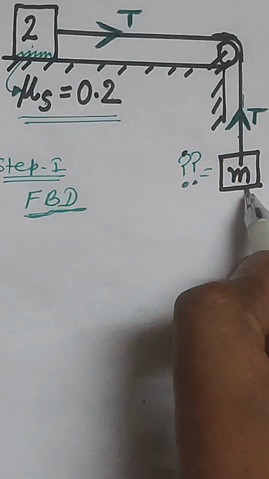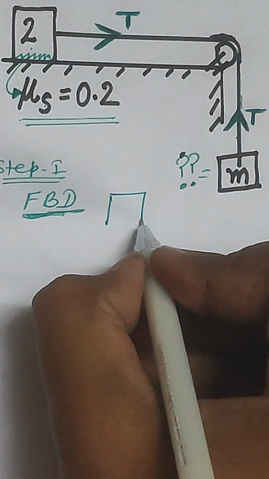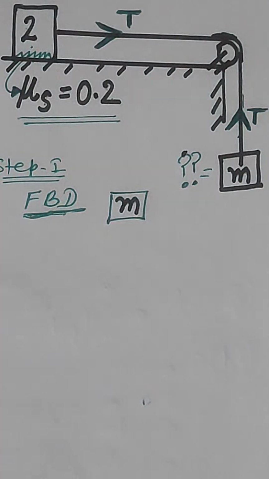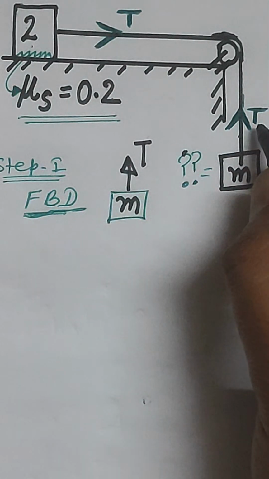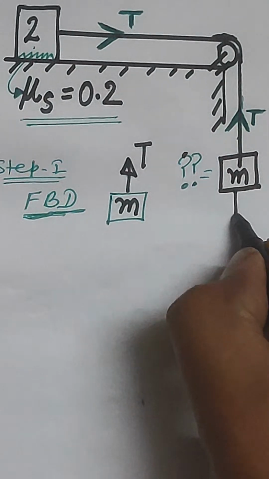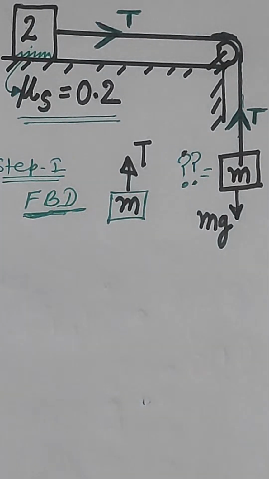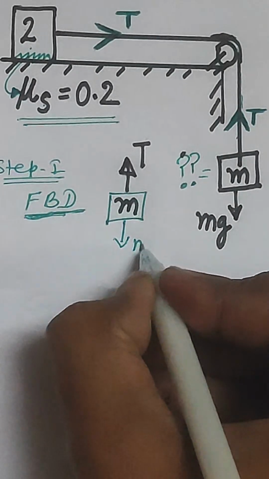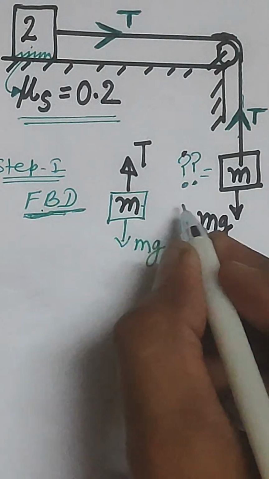So when you draw the free body diagram, step 1, for the mass m, it will be like this. T will be acting upward, you can see, and the weight of this mass will be mg, and this mg will be acting downward, right? And there will be no forces acting to the left and no forces acting to the right.